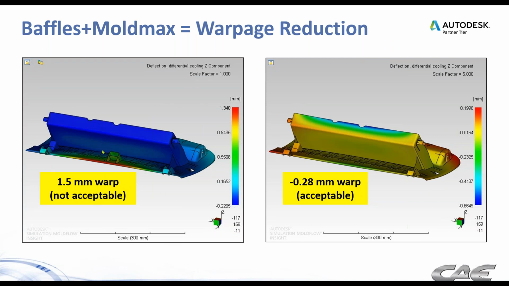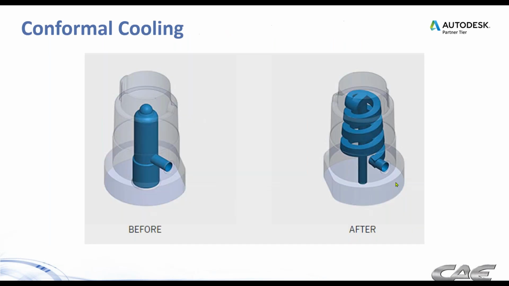And if we compare to the original warpage of 1.5 millimeters, now we're actually going in the opposite direction. So we almost did too good of a job there, and we're warping about 1/4 millimeter in the opposite direction. But that was okay, we're okay with that. So that's an example of using higher conductivity inserts along with moving some water lines.